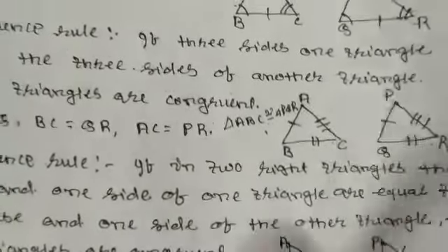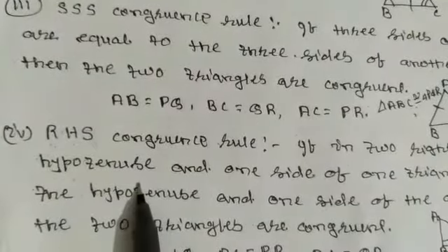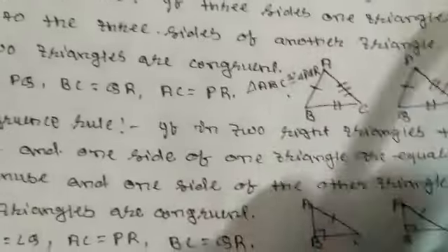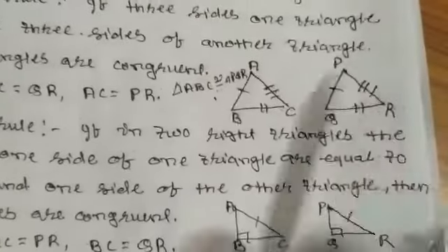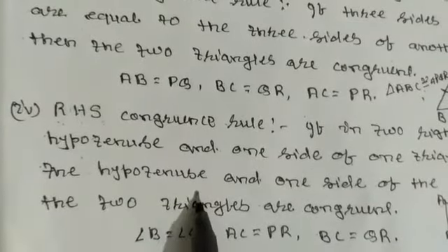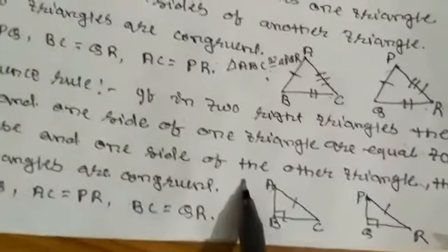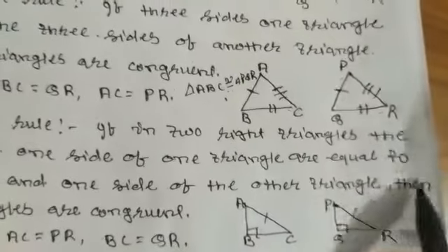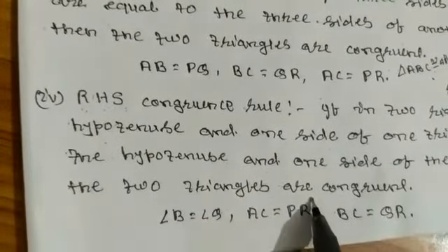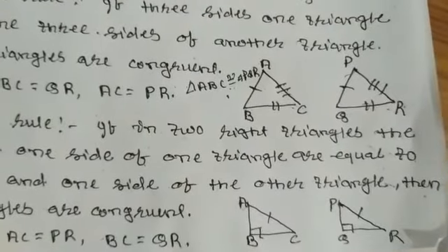If in two right triangles, the hypotenuse and one side of one triangle are equal to the hypotenuse and one side of the other triangle, then the two triangles are said to be congruent.